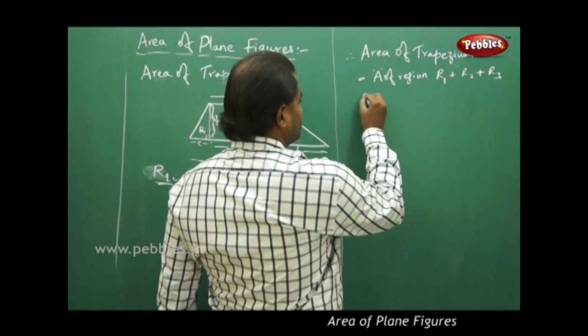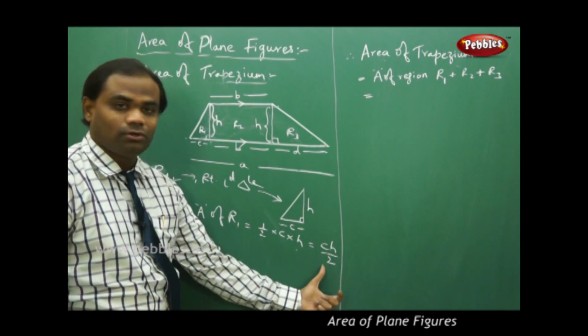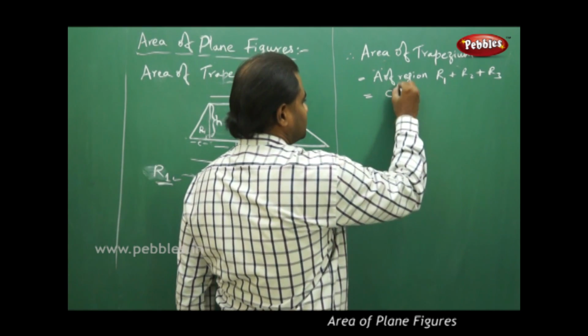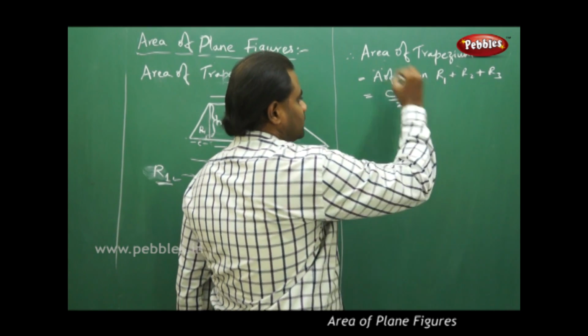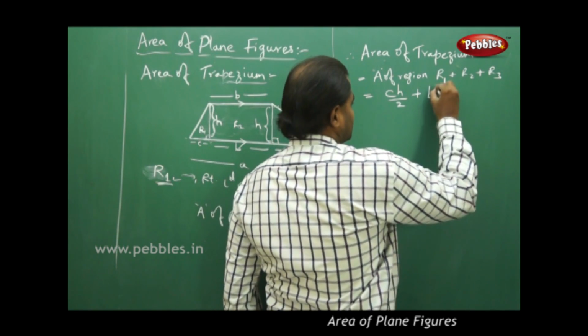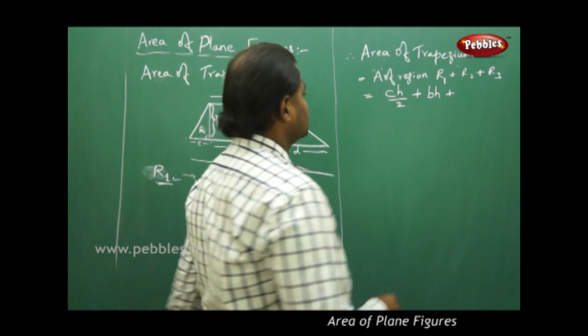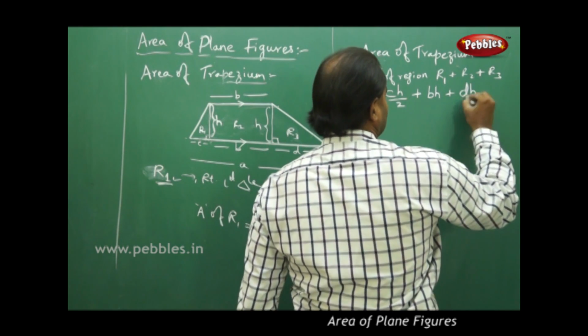So we have the area of region R1, which is already calculated as CH over 2. Then the area of region R2, which is calculated as BH, and then the area of region R3, which is calculated as DH over 2.